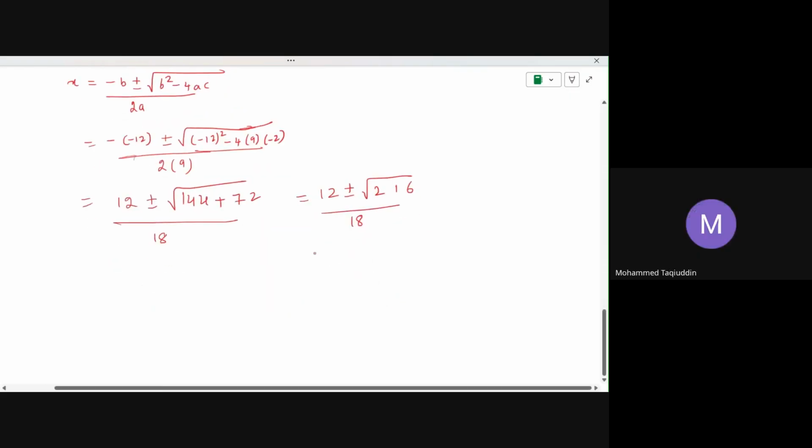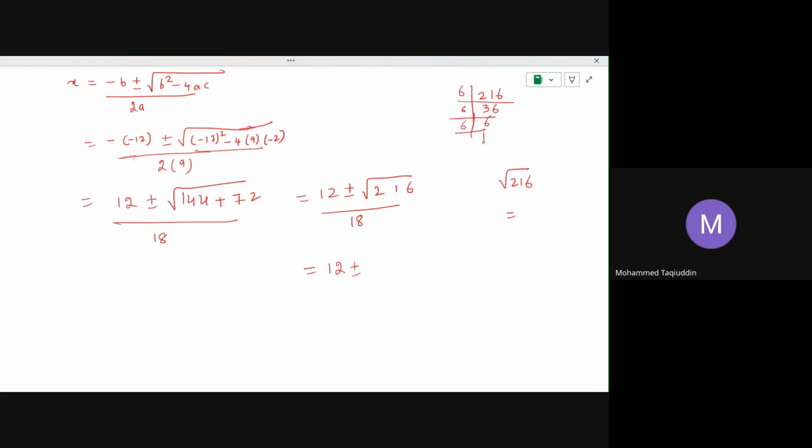Can you tell me what is the square root of 216? Don't solve it fully, just what does the root of 216 give? You can see here the factors of 216, or otherwise you can use the calculator. This is 6 times 36, and 6 times 6. So I'm getting 6 root 6, and this pair is 1.